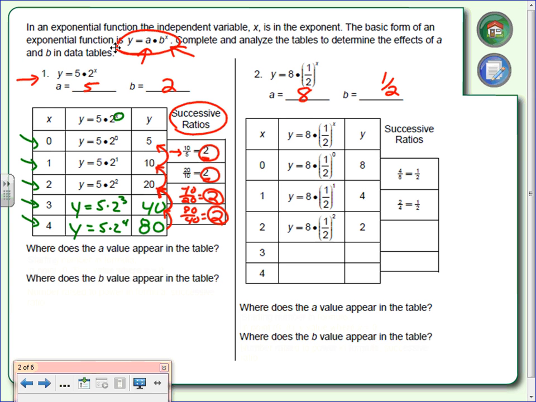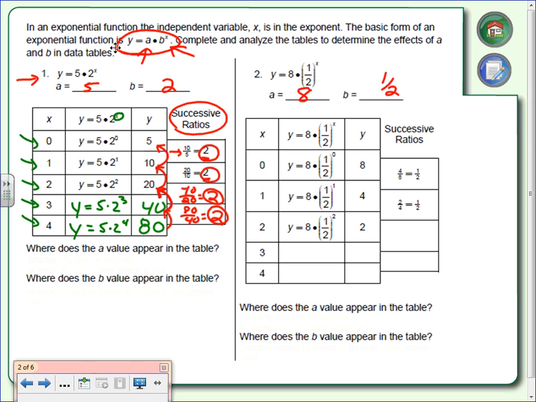Keep that in mind. Right below the table, it says, where does the A value appear in the table? Earlier we said the A value was a 5. Where is that 5 showing up in our table? It is in the Y, right next to our 0.